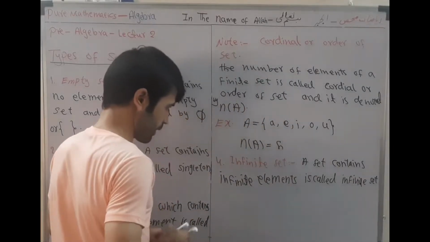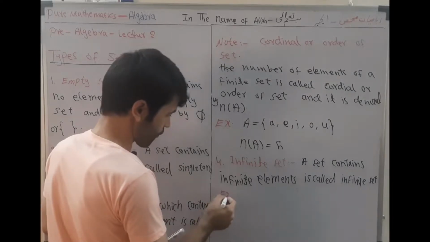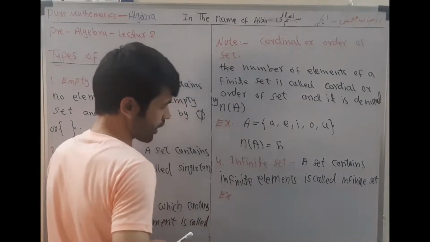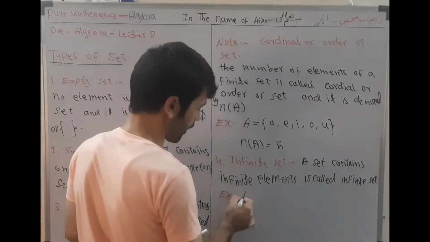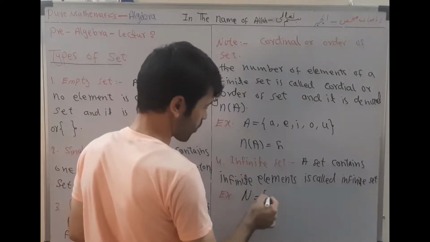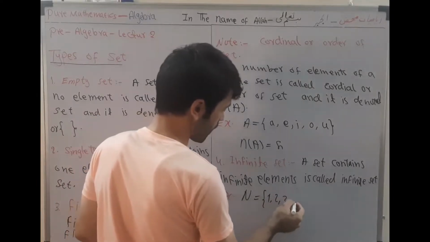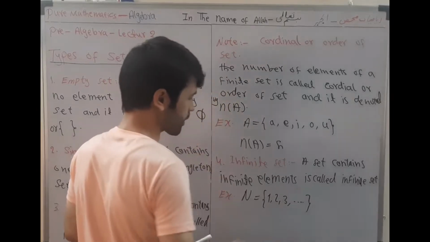Example, the set of natural numbers is an infinite set. N is equal to {1, 2, 3, and so on}. It is called infinite set.